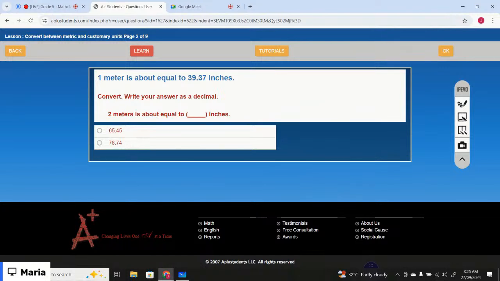1 meter is equal to 39.37 inches. Convert, write your answer as a decimal number. You need to convert 2 meters. So 2 meters equals, which is the correct option? You have to do 2 times 39.37.